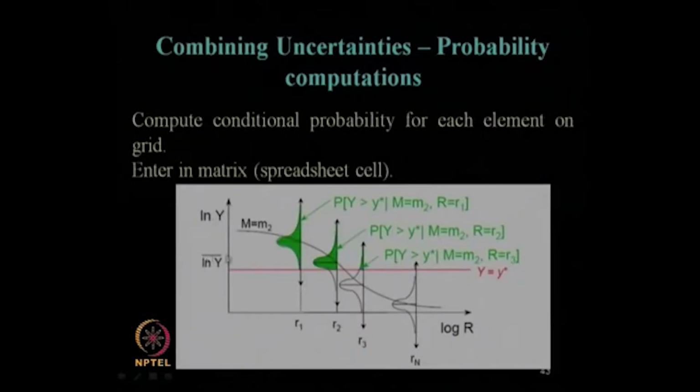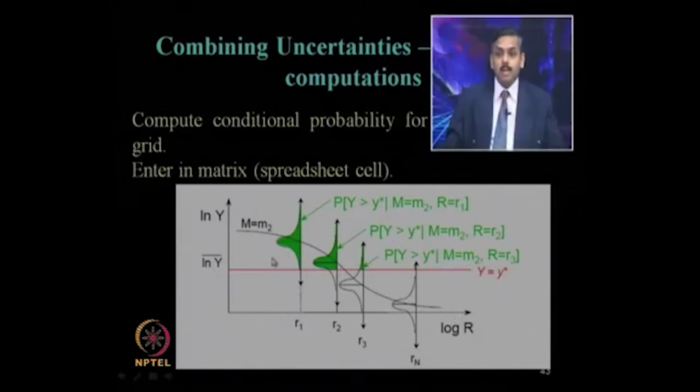So, now we are considering the effect of the attenuation relationship. Say for m equals m2, this is your attenuation relationship. You will have a different attenuation relationship for different magnitudes. It is not a single one; in deterministic seismic hazard analysis we took m equals m max, but here we are considering all magnitudes, m1, m2, m3, for each source.